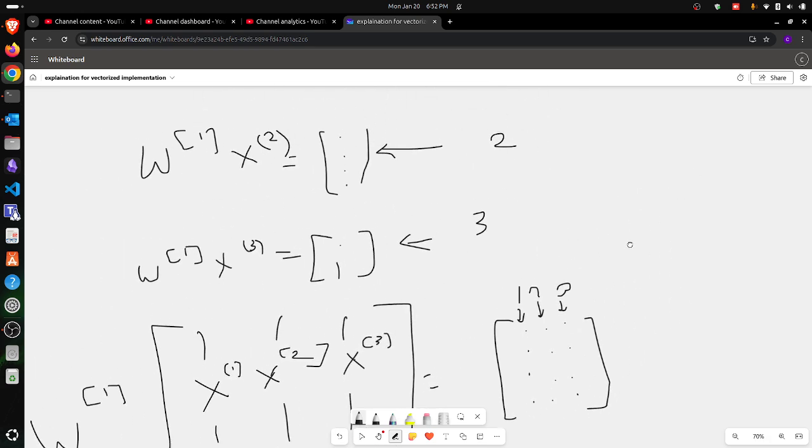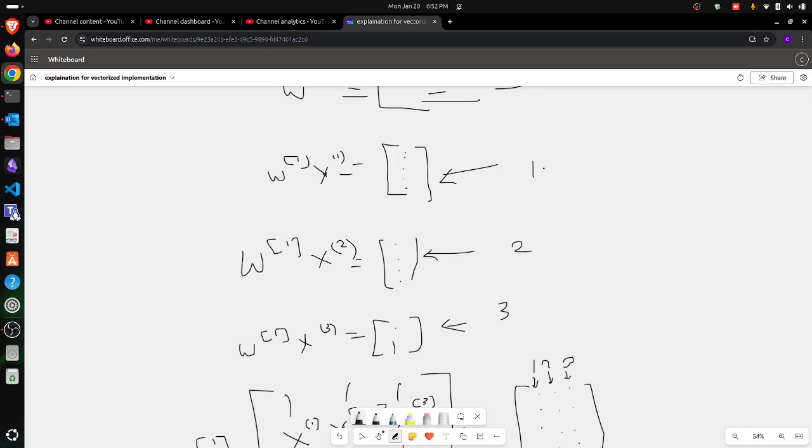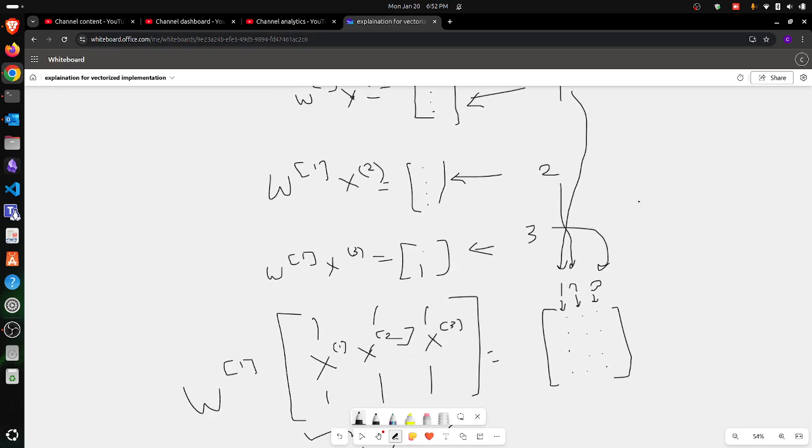So 1, 2 and 3 are from these, right? Like this 1, this 2 and this 3. That's how it is going to be always. And when you get Wx stacked up as columns, then you're going to get the z's. So that's how the math will look. Then the z's will be stacked up as well.